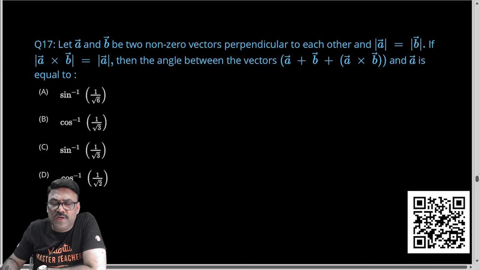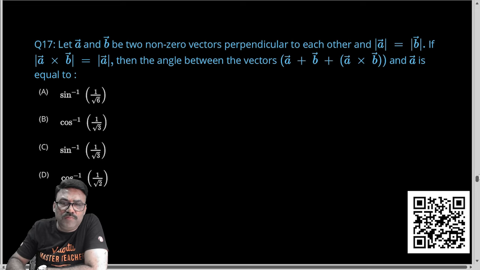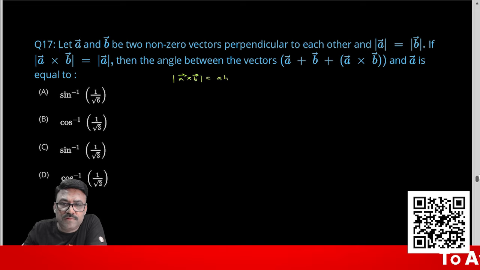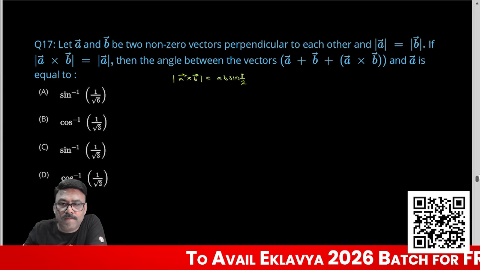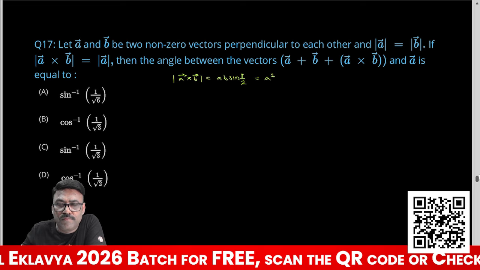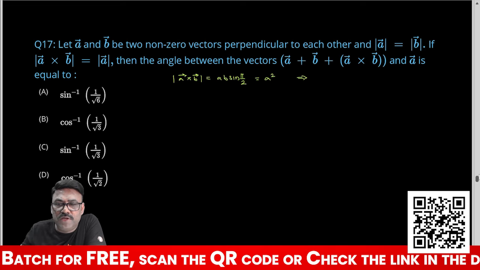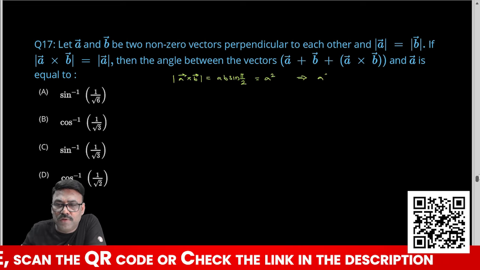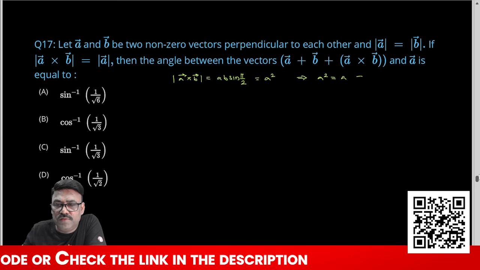Mod A and mod B are the same, and mod A cross B is mod A. Mod A cross B can be written as mod A mod B sine theta, and since A and B are the same, it is A square. But mod A cross B is A only, so A square is A, which gives A equal to 1.